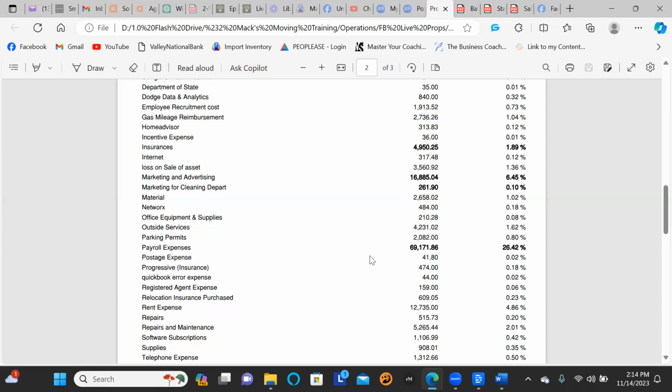Another important expense here is going to be your administrative payroll expense. Now, this administrative payroll expense is going to be your operations manager, yourself, your sales reps. Now this percentage here, you probably are going to want to get this percentage down.